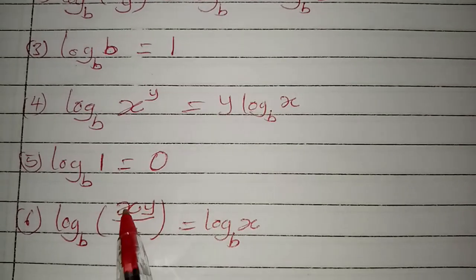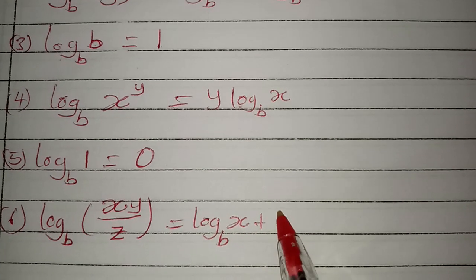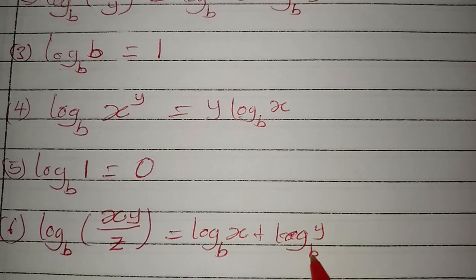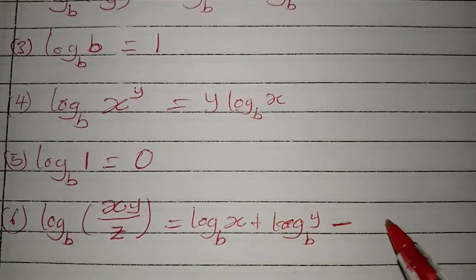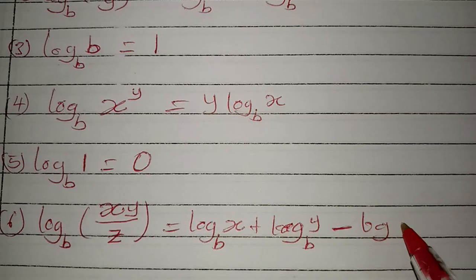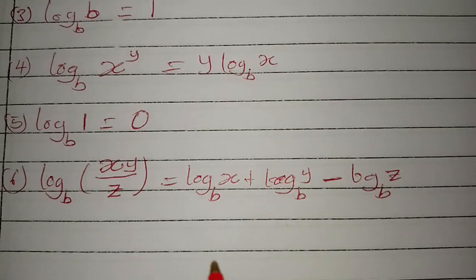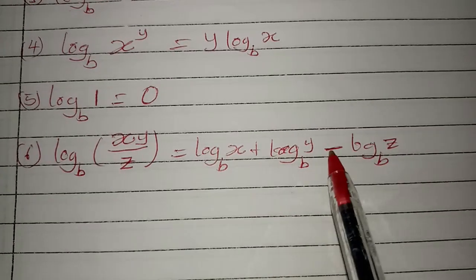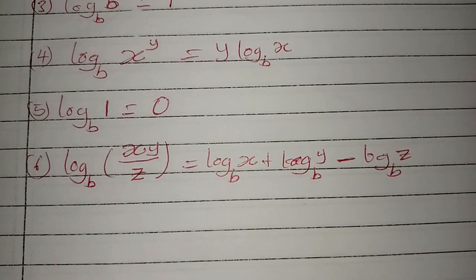So if you're expanding it, it's going to be log to the base b of x plus log y to the base b minus the denominator, which will be log z to the base b. So this can be expanded as this. Then let's move on to the next.